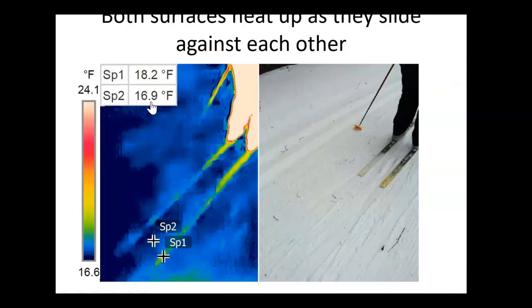Another example of this would be if we took someone, a skier, and we took an infrared camera so that we could look at the snow as they ski past, we would see that in the paths of where the skis are touching the snow, so the skis are rubbing over against the snow, we get a warmer temperature along those ski paths, and that's because of friction.